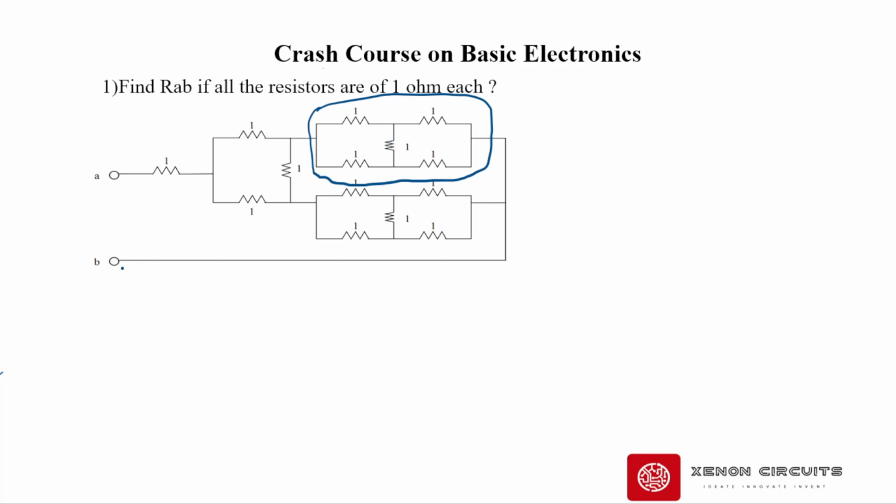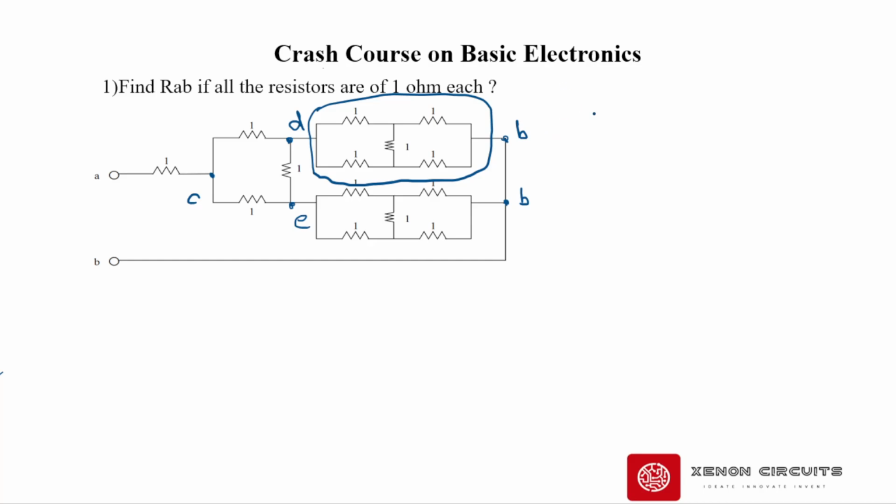Let's name the nodes first. So this node is called A, this node is called B, which means this is also B and this is also B, as these are shorted, right? Let's name this as C and let's name this as D. Let's name this as E. Okay.